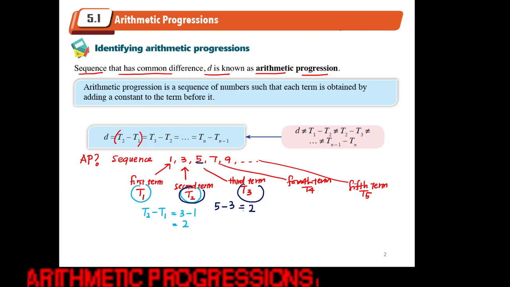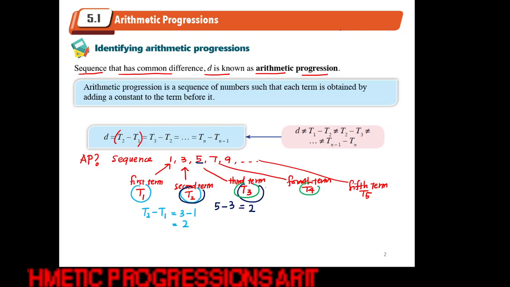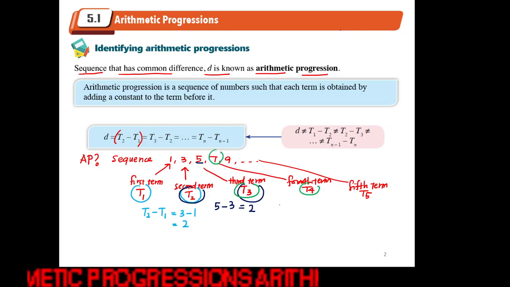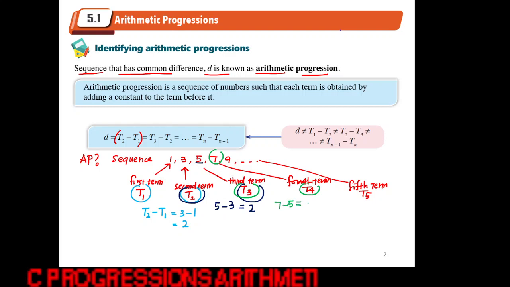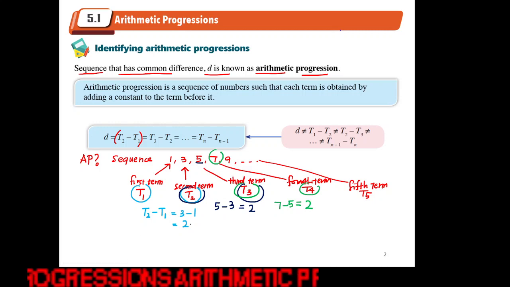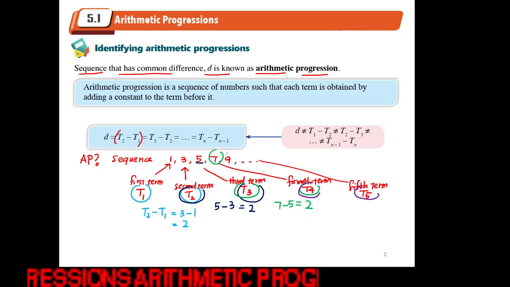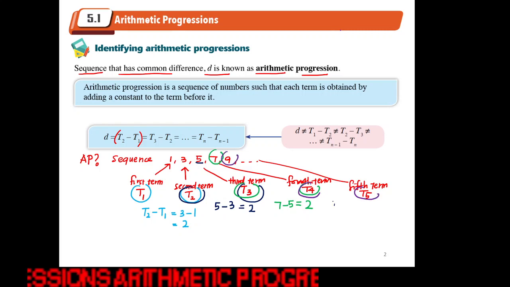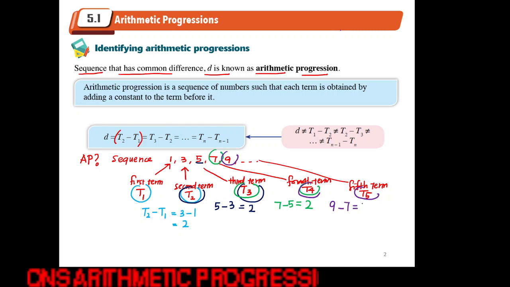Go to the next pair. We have T3 and T4. T4 is equivalent to 7. 7 minus 5 is again equal to 2. And we'll go to the last one, which is the fourth and the fifth term. The fifth term is 9, whereby 9 minus 7 is equivalent to 2.